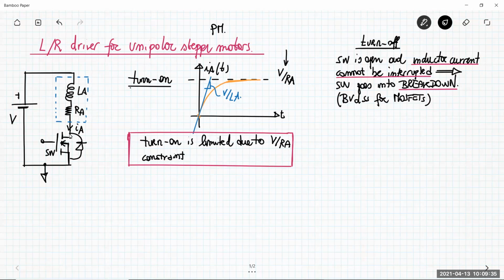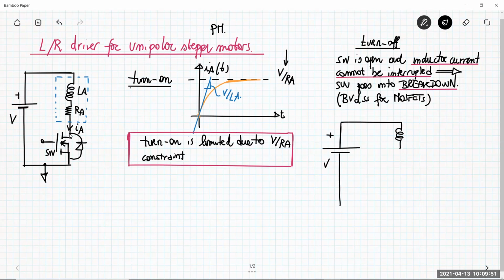Let me sketch this situation that happens during turn off. You have the voltage V supplying the circuit, and the phase LA RA here. Then between the drain and the source you have a battery, which models the breakdown region of the MOSFET.